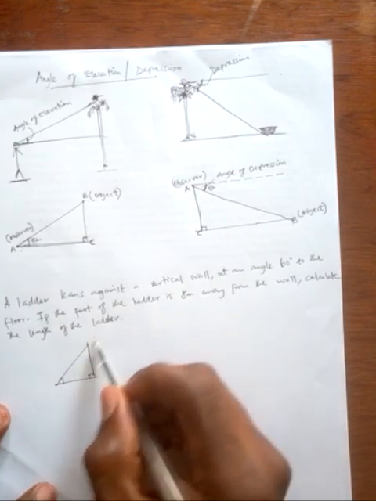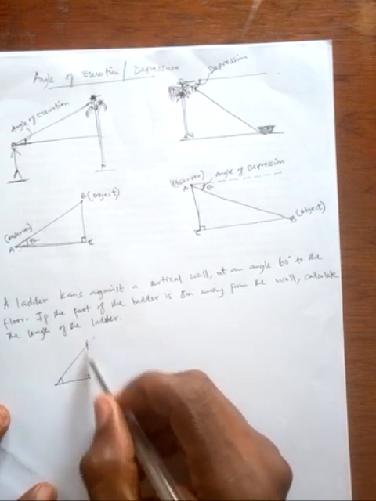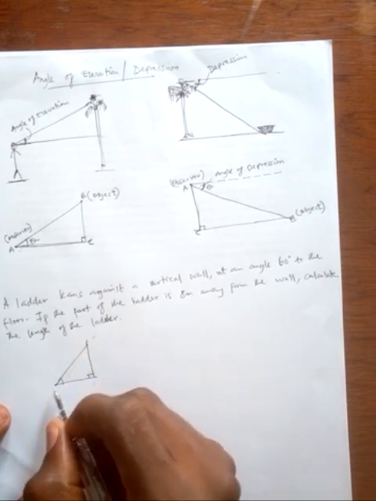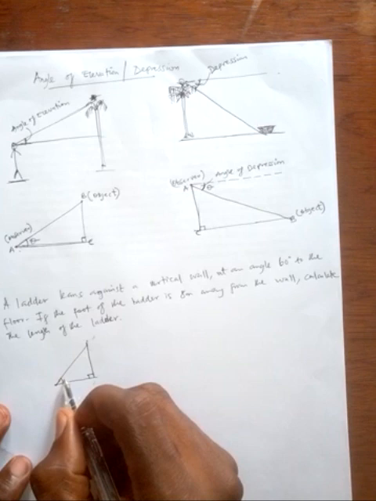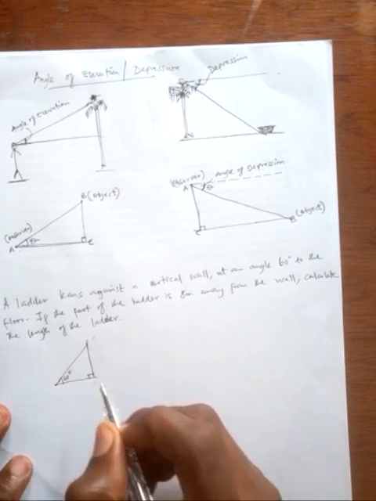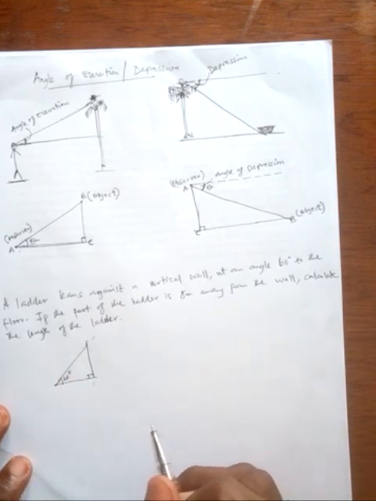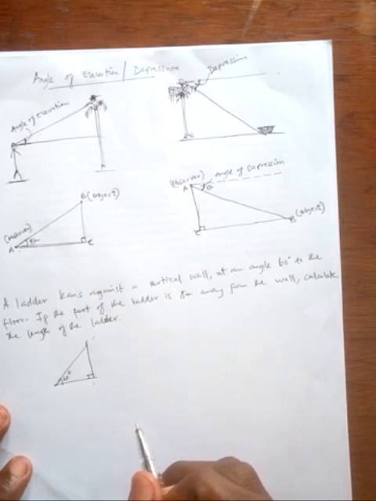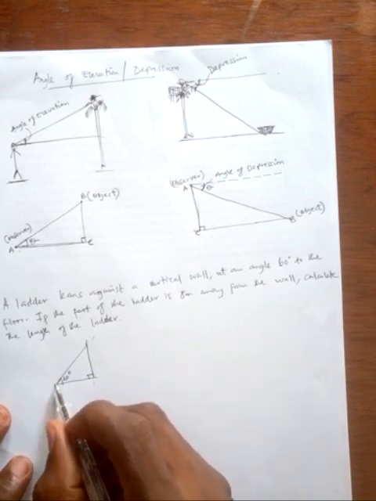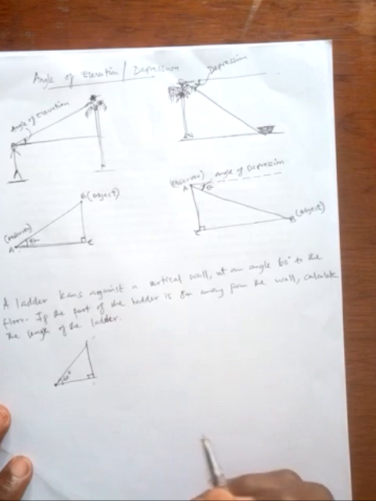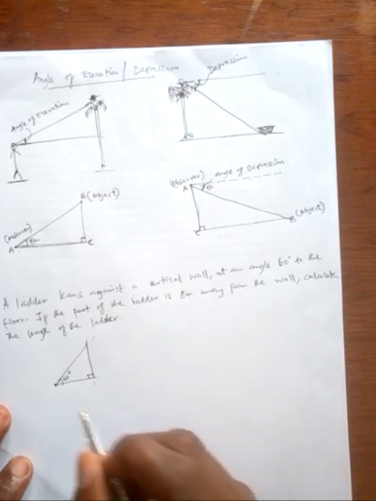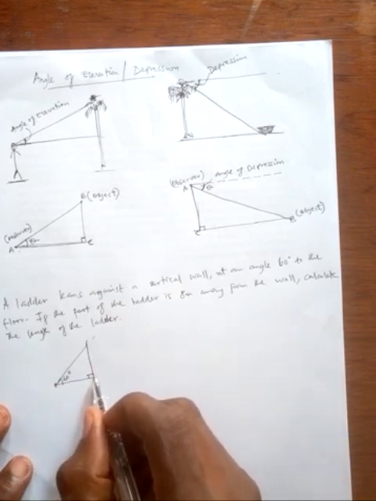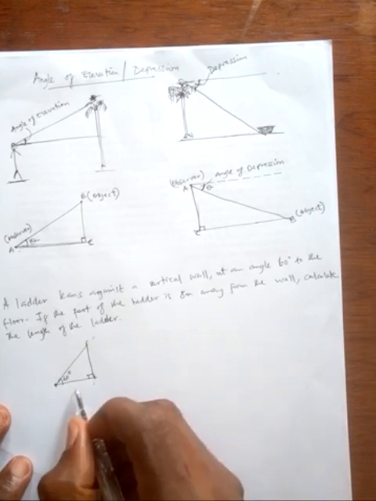So this is our ladder, this is our vertical wall. The angle the ladder makes with the floor is 60 degrees, and the distance of the foot of the ladder from the wall is 8 meters.